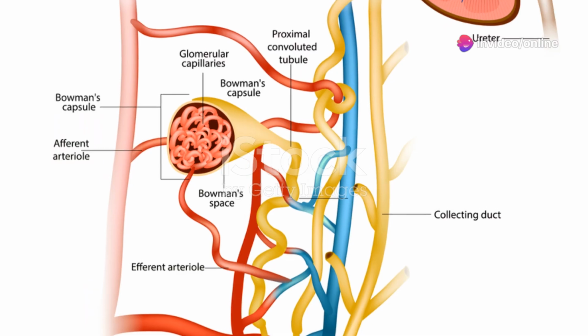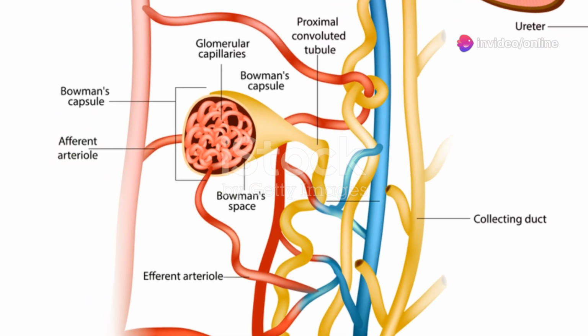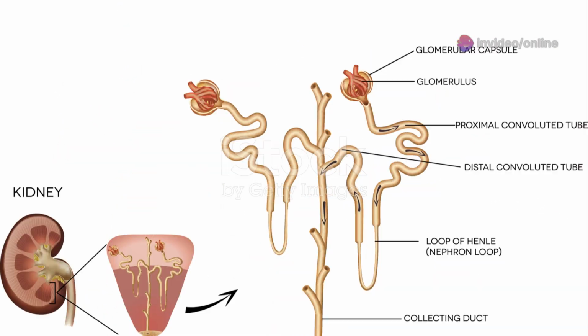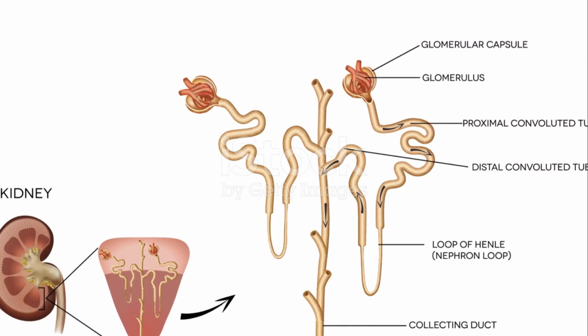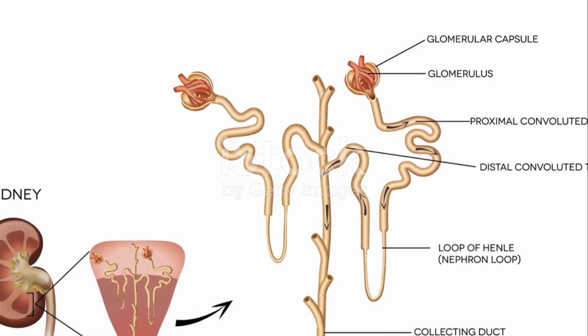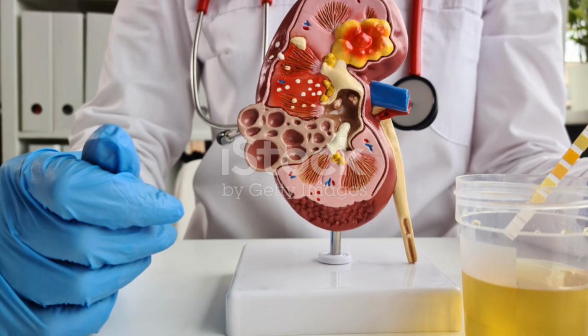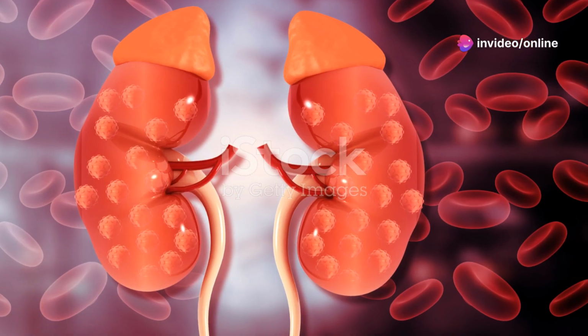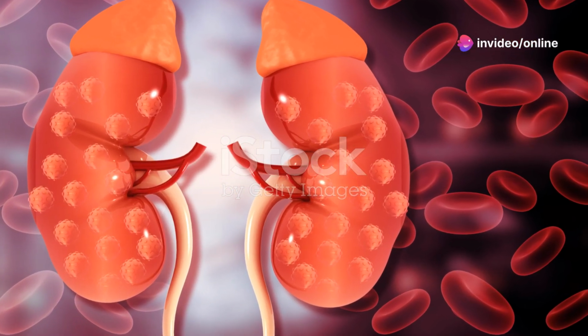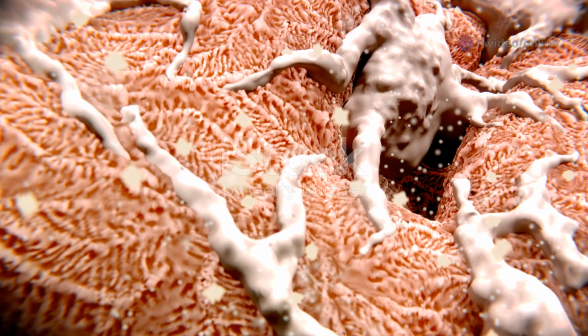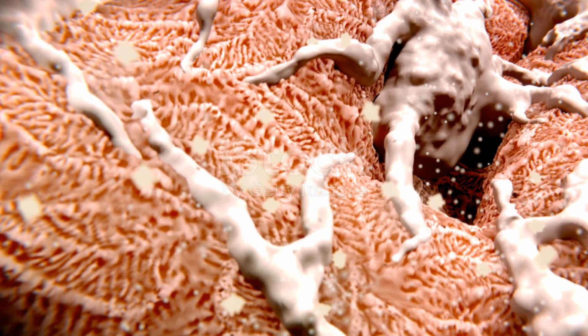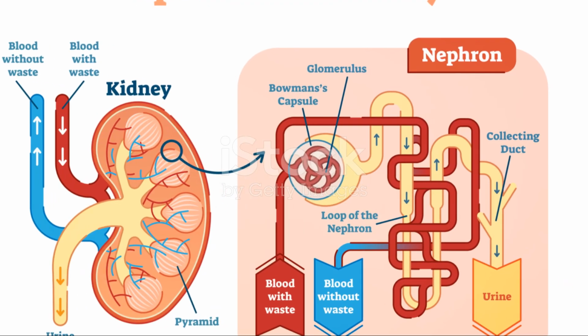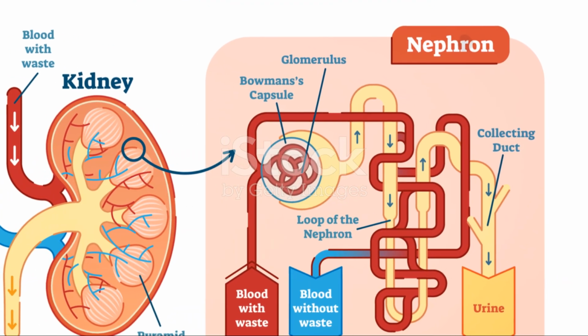The Bowman's capsule has a crucial task: to collect the filtrate from the glomerulus and pass it along to the renal tubule. In essence, the renal corpuscle acts as the gatekeeper of our blood's filtration process. It ensures that everything that needs to be filtered out of the blood is caught, and everything that needs to stay in the blood remains.